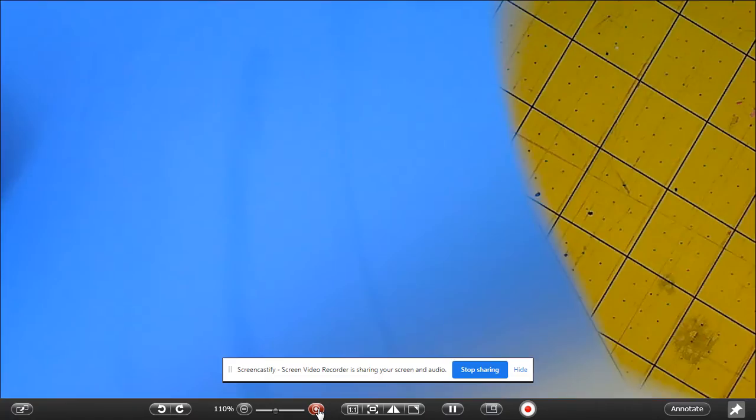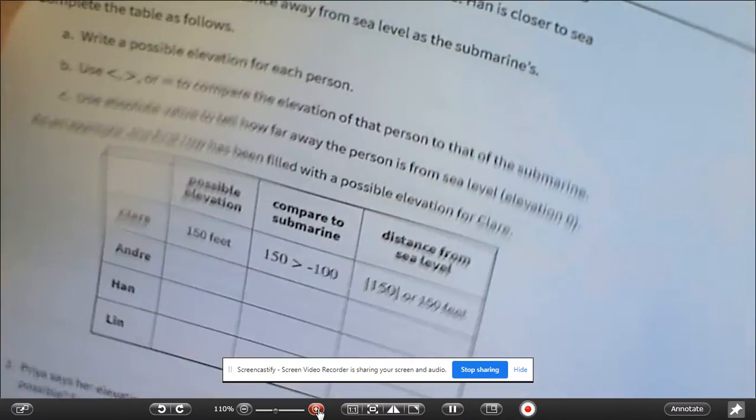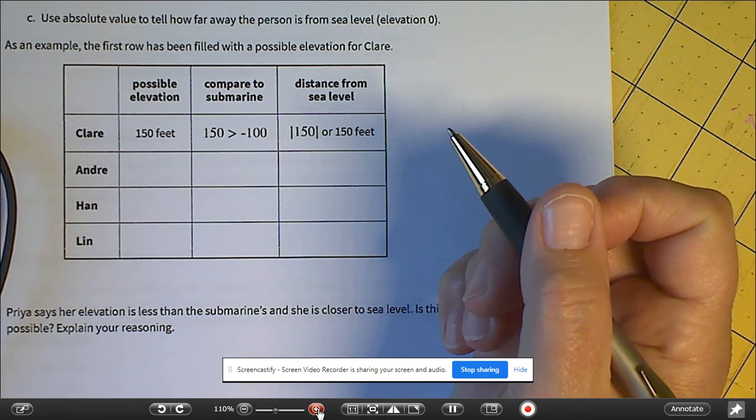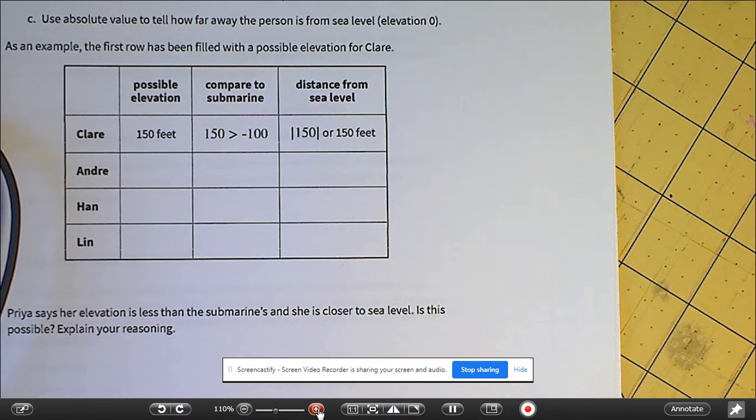So let's take a look at the next page because they want us to make a chart. So if the submarine is negative 100 feet, Claire's elevation is greater than the elevation of the submarine.